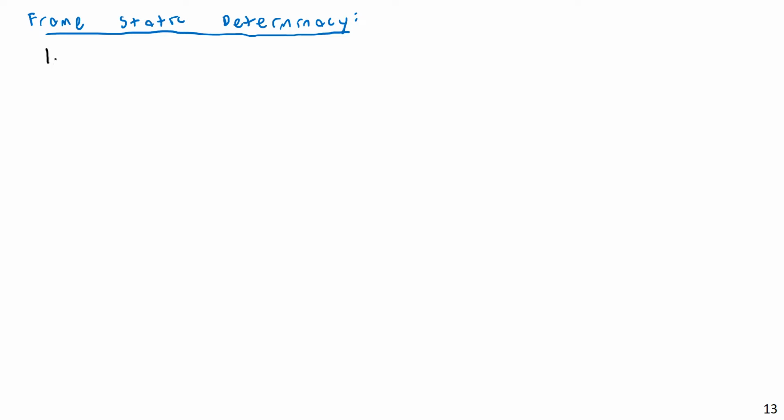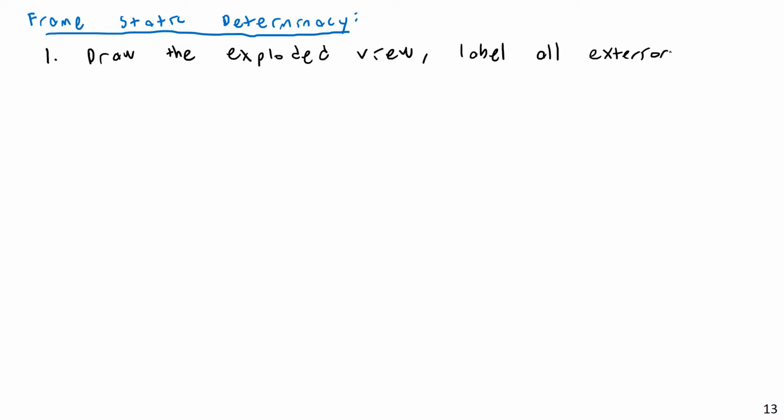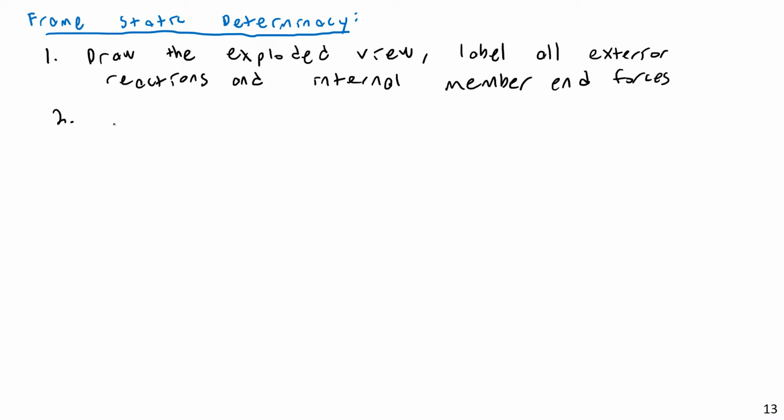Well, the basic method works like this. 1, draw the exploded view, as we've discussed previously, and label all exterior forces or exterior reactions and joint forces, or internal member end forces, I should say. 2, your number of unknowns.